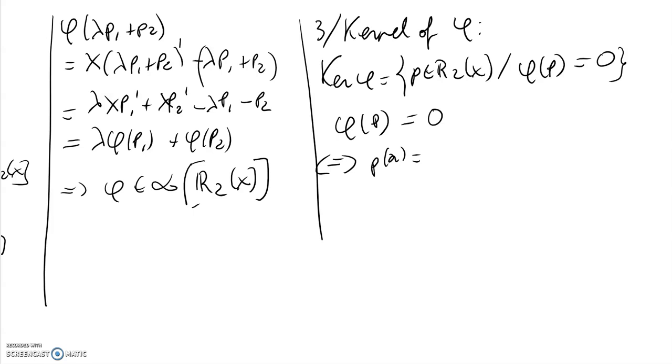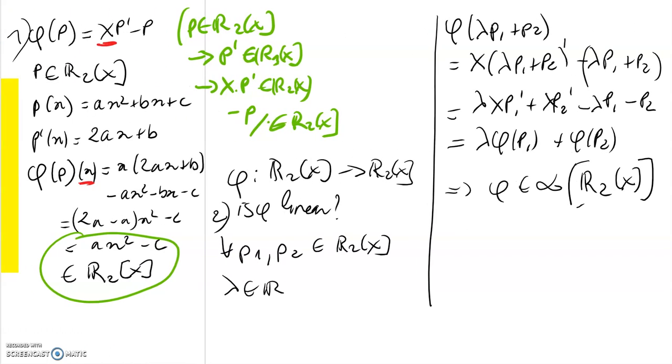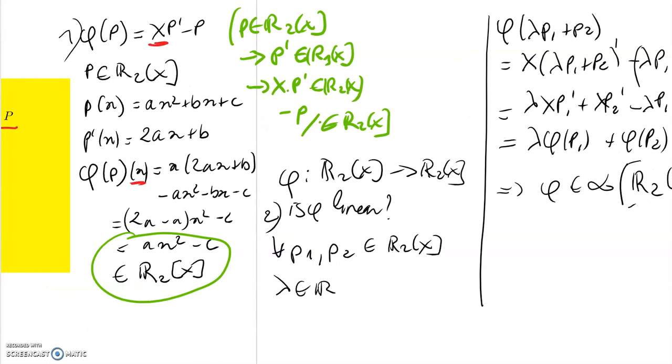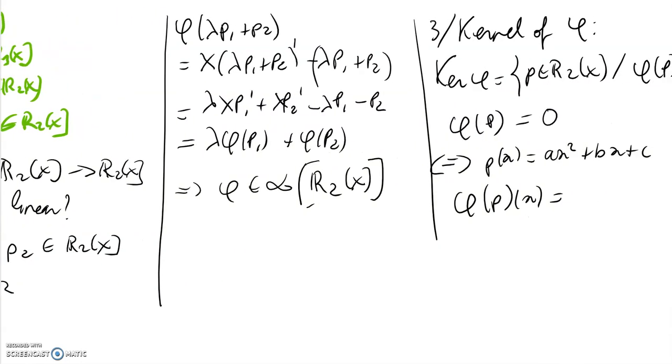p of x was equal to ax^2 plus bx plus c. That's how I can write any polynomial of degree 2. And we already did the calculation that phi of p of x is the polynomial given by ax^2 minus c.